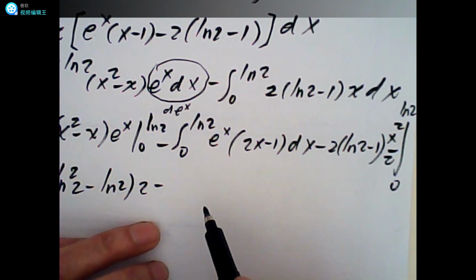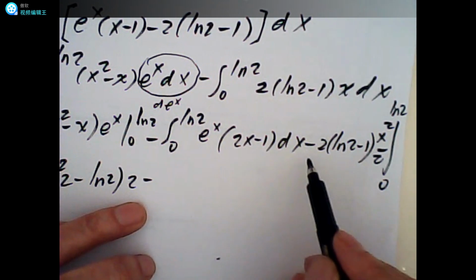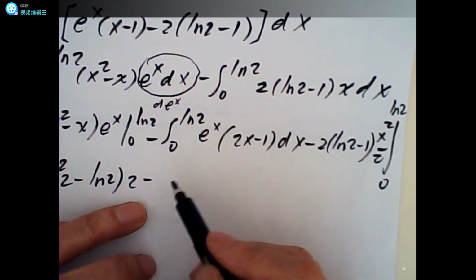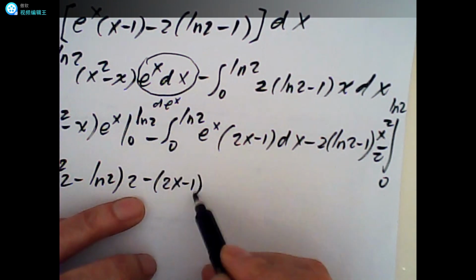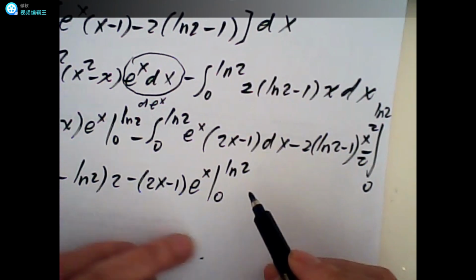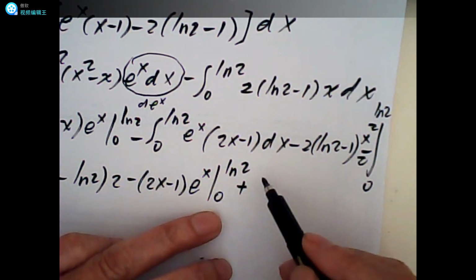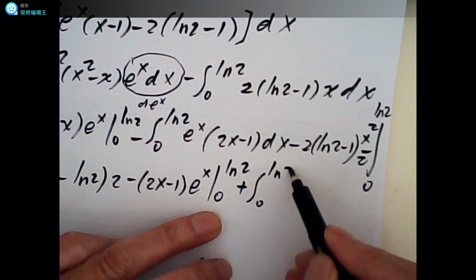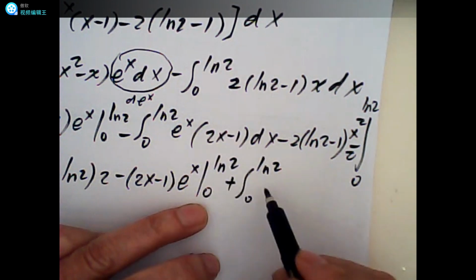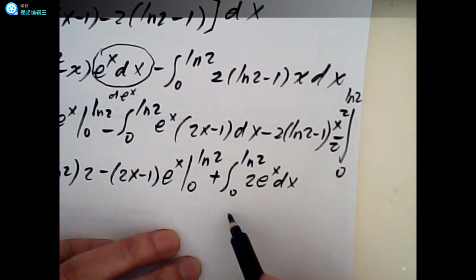For this one, by parts again, the integral of e to the x dx is e to the x. So this is equal to (2x minus 1) times e to the x from 0 to log 2, plus, because negative, the integral from 0 to log 2 of e to the x times the derivative, which is 2 e to the x dx, right?